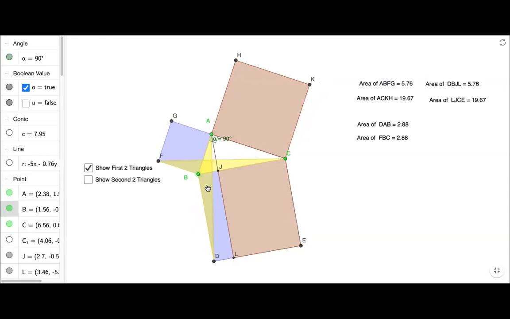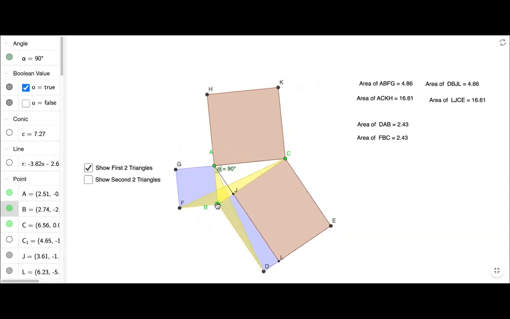Now, what I want you to notice is that this skinny triangle, FBC, has the same base as this little square, and it has the same height as it, kind of like that configuration we saw before.